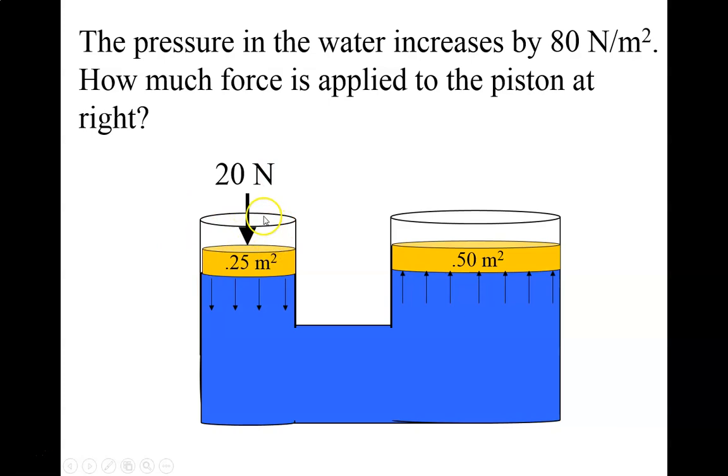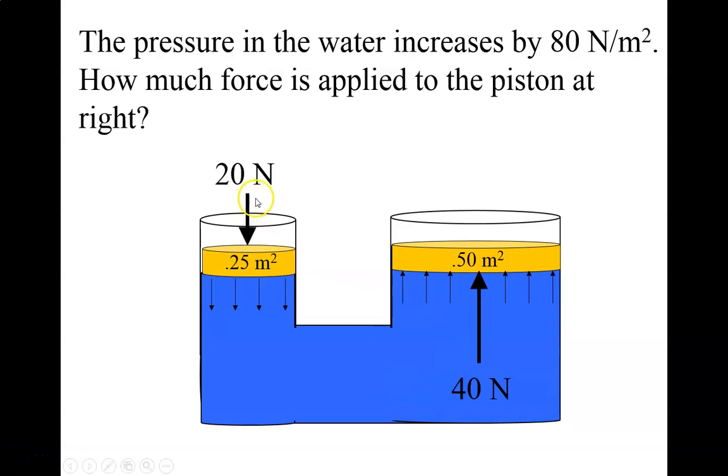So this is 80 newtons per meter squared. So on this piston here, I've got half a meter squared. At 80 newtons per meter squared, how many newtons of force do I get? It would be 40 newtons.